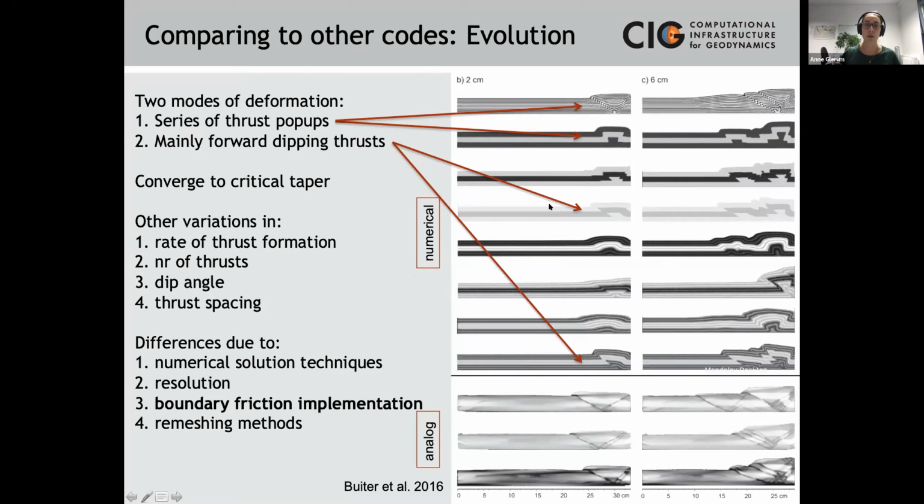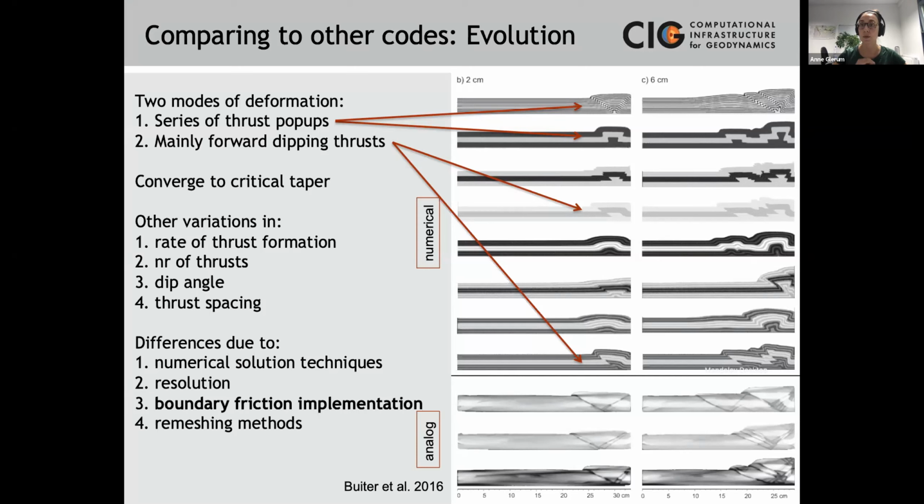Overall, the model evolution is similar. The models converge to this critical taper of the wedge, but there are variations in the rate of thrust formation, the number of thrusts, the dip angle, and the spacing of the thrust. And these differences are caused by different numerical solution techniques.